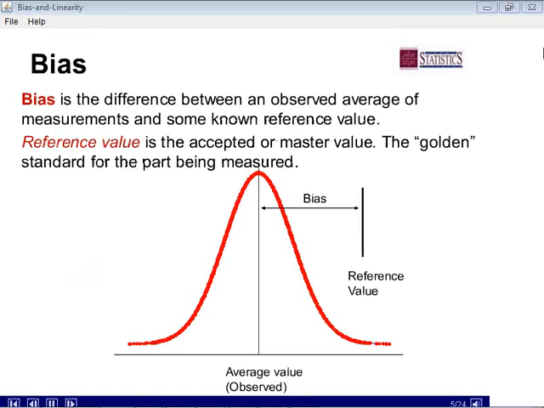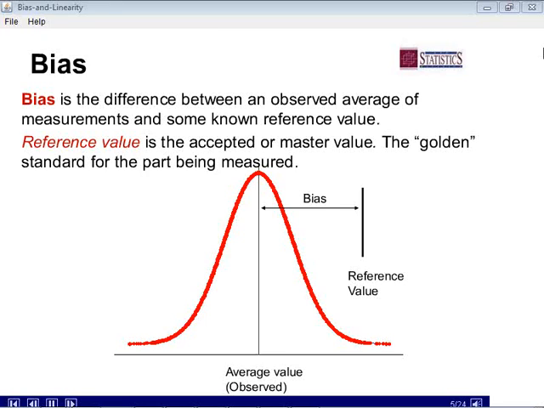All right, to start with, let's discuss bias and the testing of that. Bias is the difference between some observed average of the measurement and some known reference value. The reference value is the accepted or master value, the golden standard for a part being measured. To determine that, it's very important that you have some laboratory test where you know for sure that this is the most accurate measurement, the golden standard for this particular part.